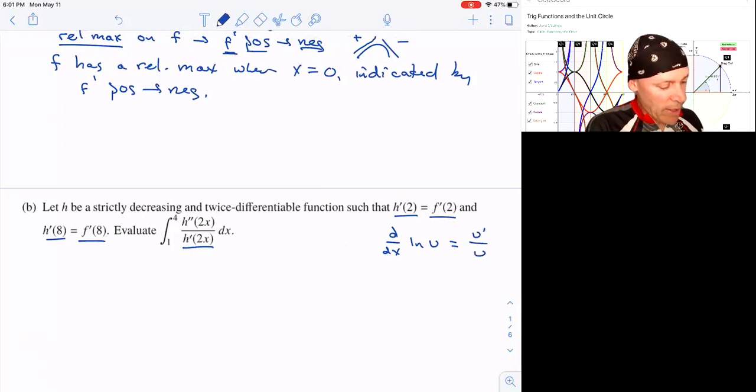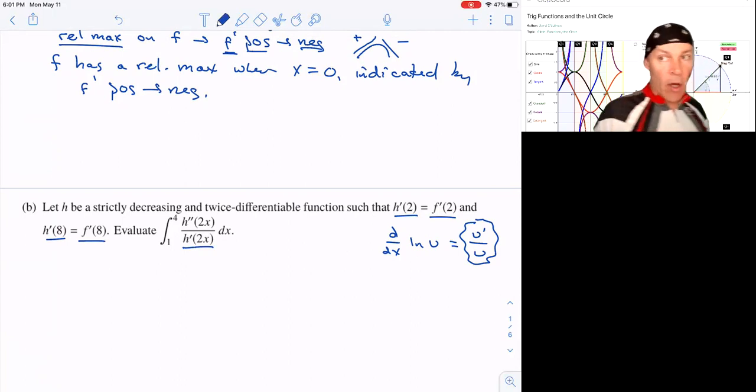And so we're seeing that pattern in the integrand. Again, almost, because we don't have the entire derivative of h prime of 2x. We're lacking the 2.